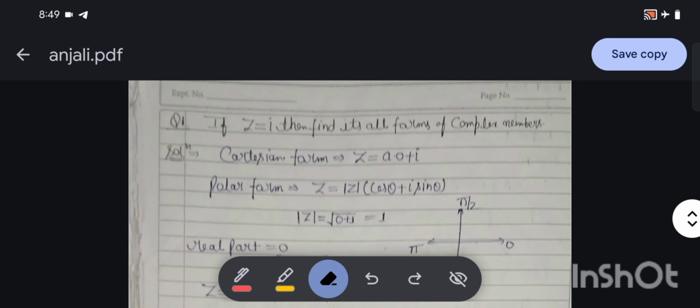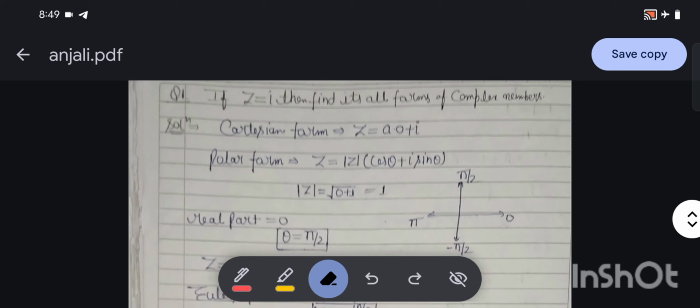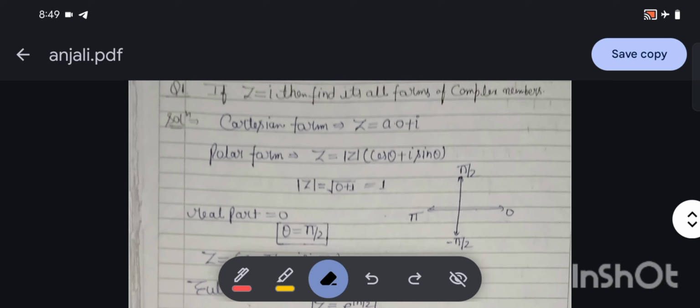Okay, the next one is, if z is equal to iota, then find all its forms in the complex plane. Okay, so what is the Cartesian form? z is equal to a plus iota b.